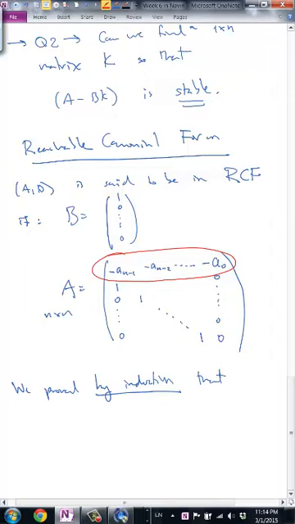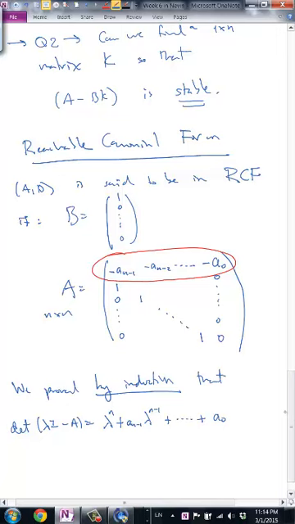So the same way that an upper triangular matrix, or even more special, a Jordan canonical form matrix, reveals the eigenvalues, a matrix that's part of a pair in reachable canonical form reveals its characteristic polynomial. Specifically, what we proved is that the determinant of lambda I minus A is equal to lambda to the n plus, note the sign flip, a_{n-1} lambda to the n minus 1, plus all the way down to a_0.